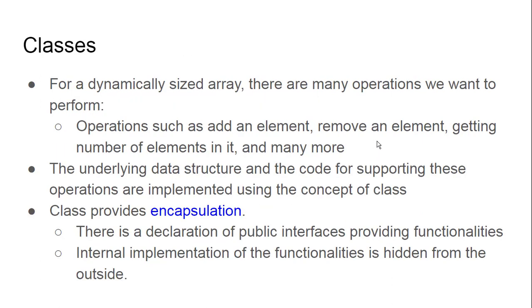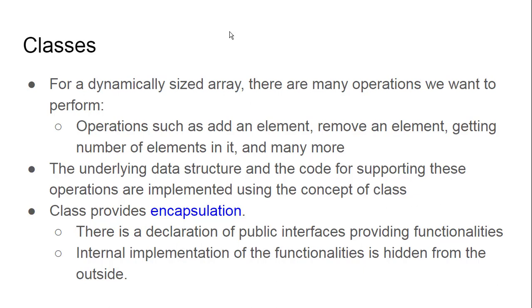To understand that, we first need to introduce some concepts: classes, templates, and the standard template library. Class is an important concept in programming. It's the fundamental concept in object-oriented programming, which is a key feature of C++ and Java.